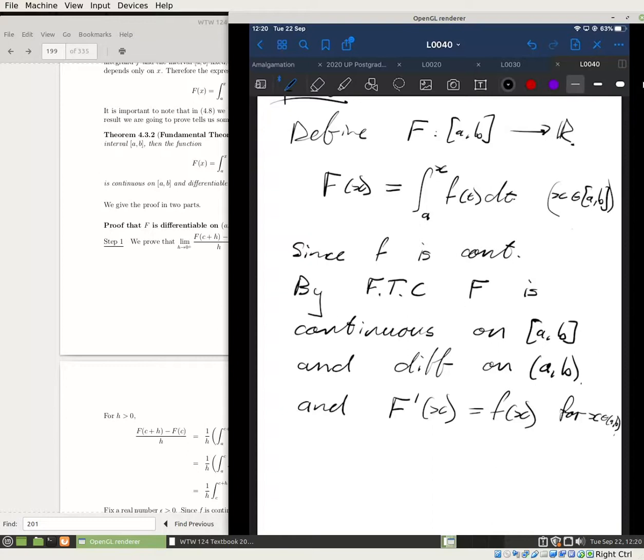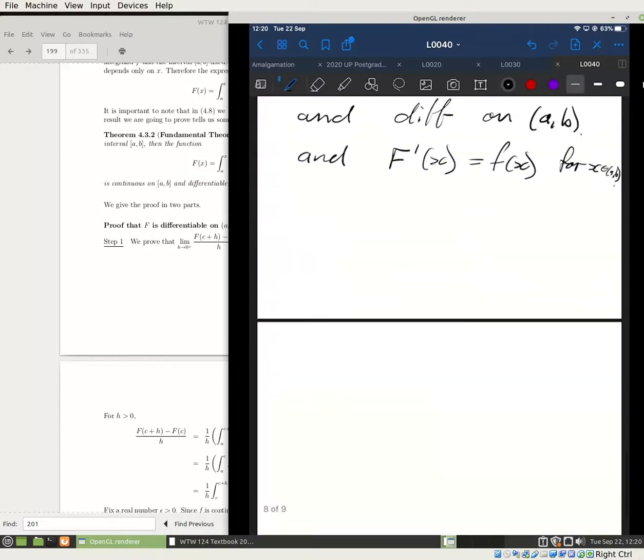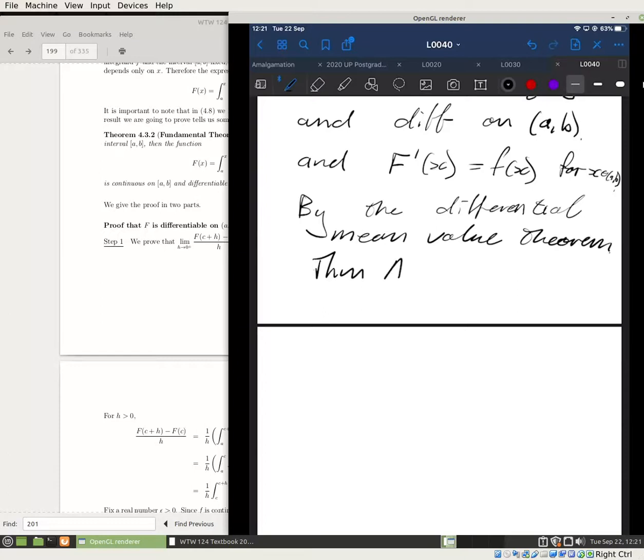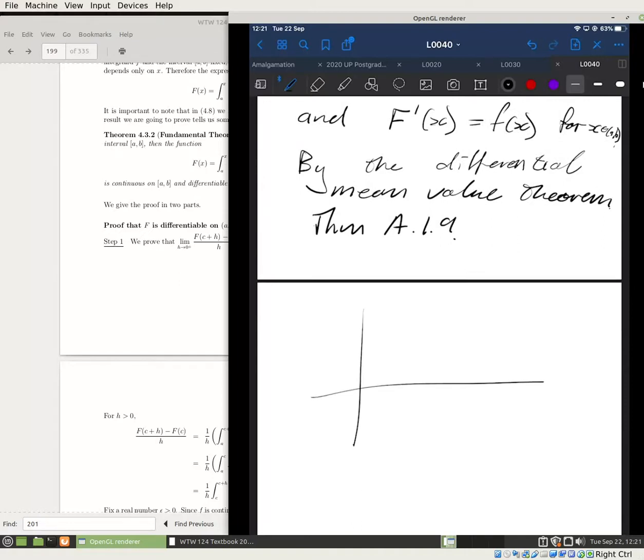But now, by the differential mean value theorem, this is theorem A.1.9. Just recall what the differential mean value theorem says.